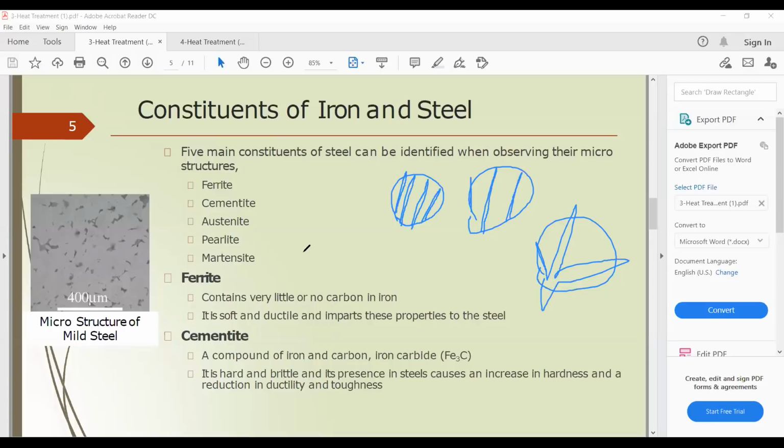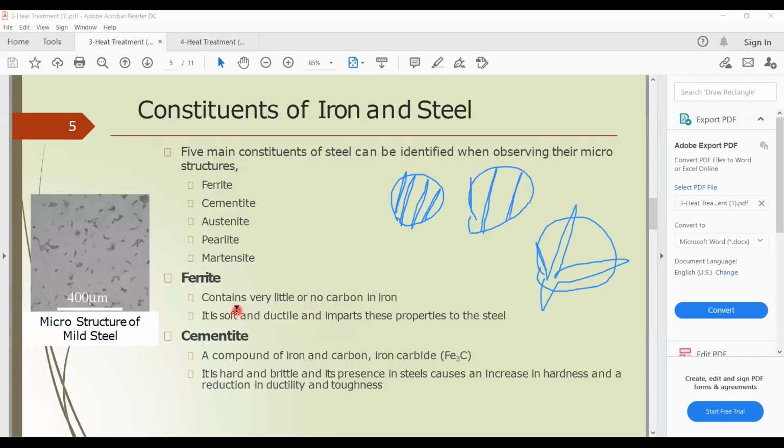How can you classify this? Normally, steel has iron and carbon, right? But in the case of ferrite, it has iron, but it has very little carbon available.